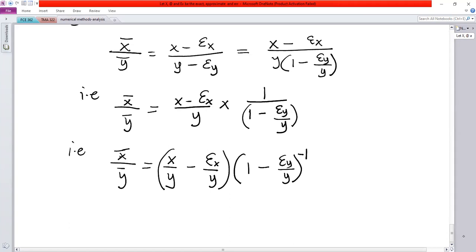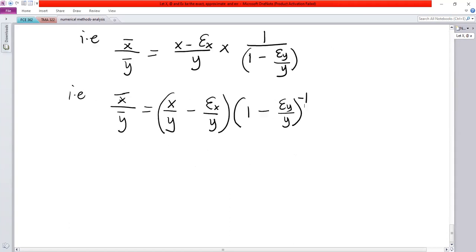So which tells us that x-bar over y-bar is given by x over y minus error in x over y, times that factor.